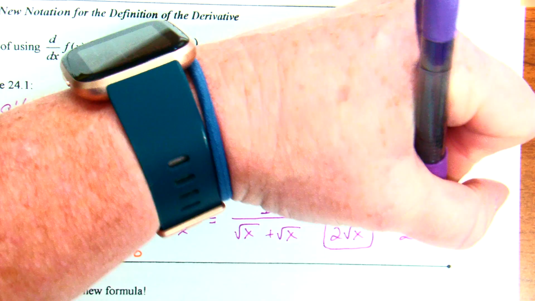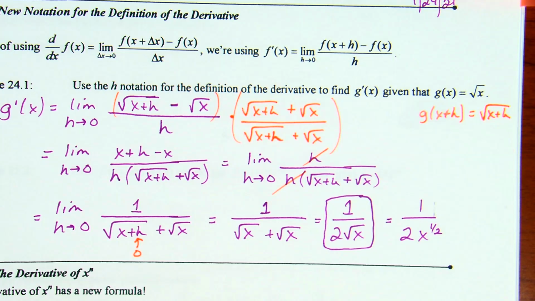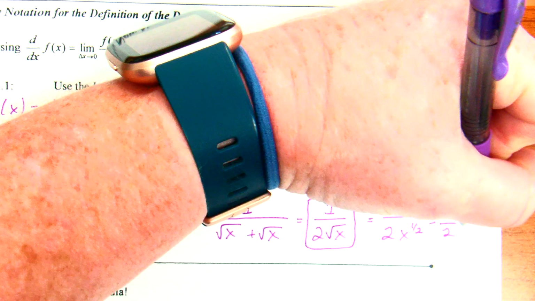Yes? If I take that x to the 1/2 out of the denominator, what does it become? A negative, right? Because a negative exponent takes you across the fraction bar. And so this could also be written as keeping the 1/2, x to the negative 1/2.